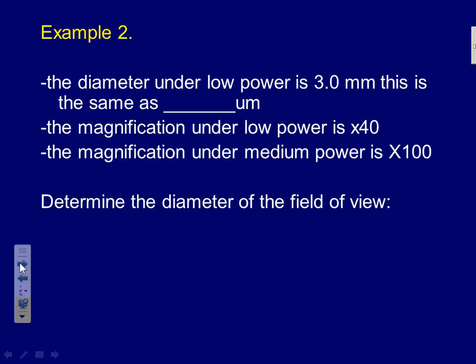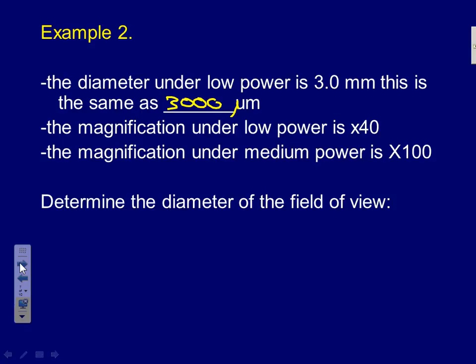Let's just do another example. Some of you might be ahead of me. Let's say that we have a certain type of microscope, and we measure it, and it is 3.3 millimeters. Sorry, not 3.3, 3.0 millimeters. How many micrometers is that? Hands up. How many micrometers is 3 millimeters? Yep, 3,000. And I put the little tail on it.